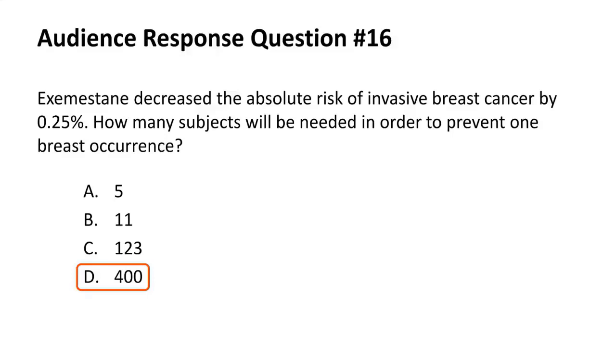So we calculate the number needed to treat by taking 1 over the absolute risk reduction. So we are told that the absolute risk reduction of invasive breast cancer is 0.25%. So now remember, we need to convert that to a decimal. So to calculate the number needed to treat for this example, it's 1 over 0.0025, which equals 400.